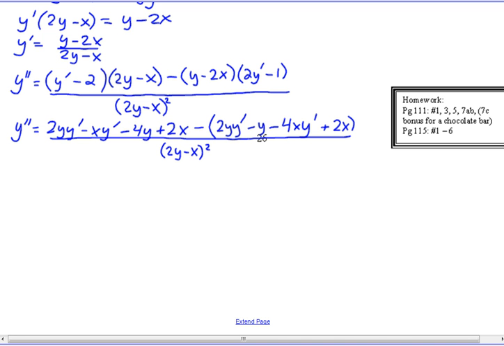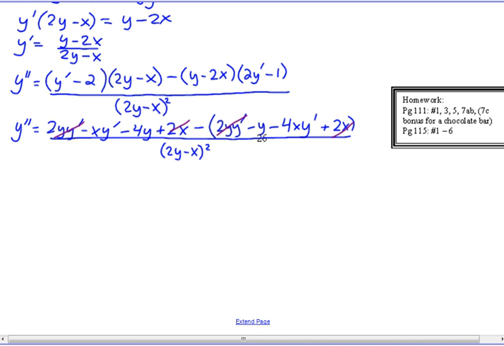Okay, so yeah, I would have brought probably the negative in at the same time, but yeah, what's gonna cancel here? The 2yy prime, and if you subtract 2yy prime, it's gonna go. What else? 2x's.